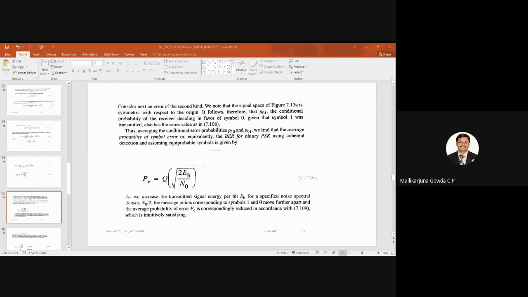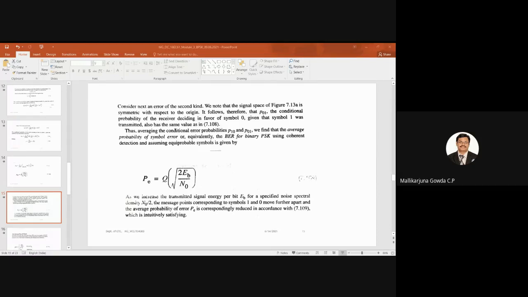So if the value of Eb is large, if I increase the signal energy, then these message points, which are shown in the signal space diagram, will be moving farther away from the origin. So when they move farther away, then the possibility of error will be less, right? So the average probability of error is going to be reduced. Okay, so that is the meaning of this equation. Hope you are able to understand what I am saying.